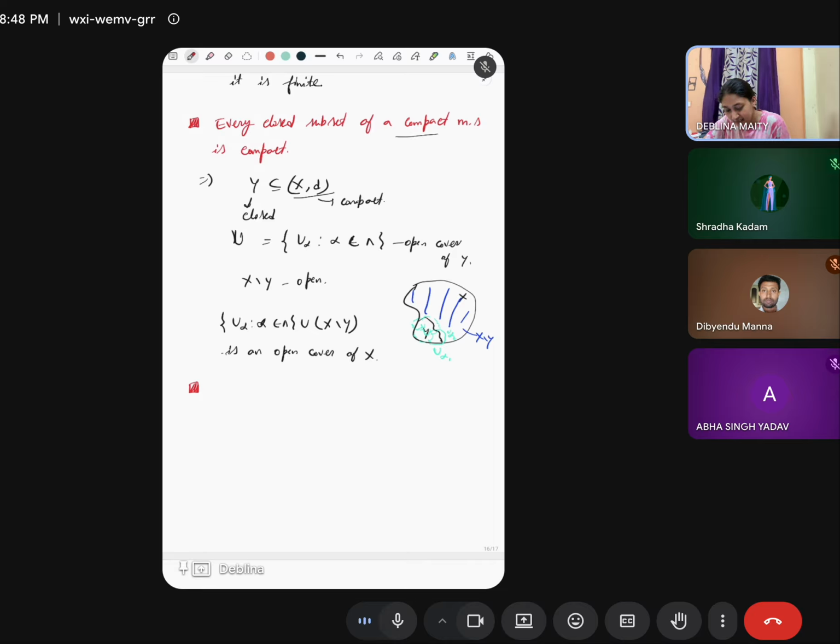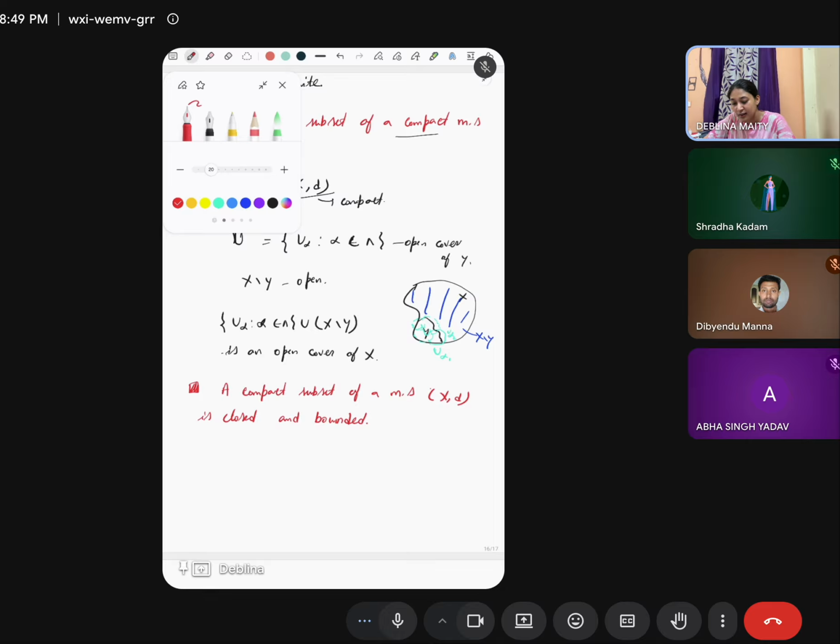So this says a compact subset of a metric space X is closed and bounded. I'm not going to the proof of this. So compactness means closed and bounded. Now is the converse true?